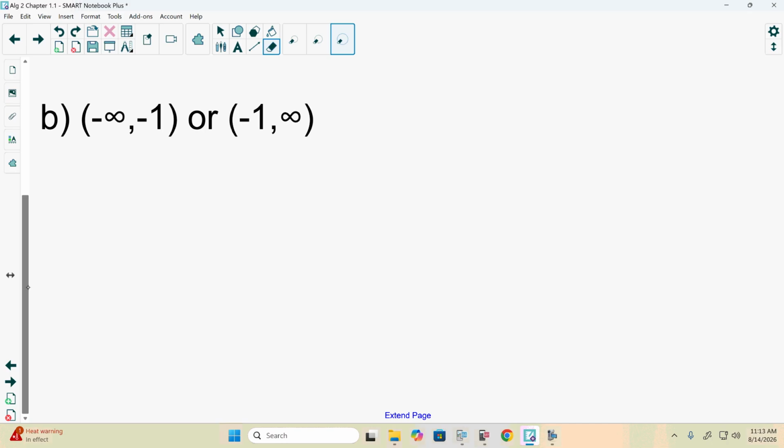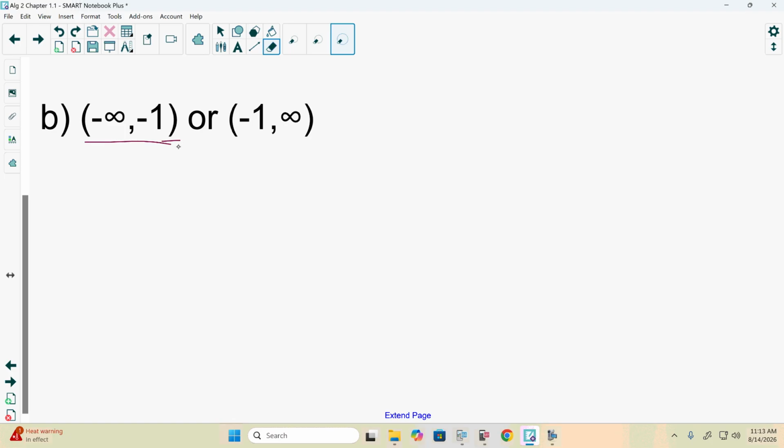Inequalities do have variables. Since they're unbounded, we're going to have x, one of our inequality symbols, then that number. Either greater than, less than, greater than or equal to, less than or equal to. And as we look at this here, I know the parentheses next to the -1 tells me it's not going to be equal to. So we're looking at just greater than or less than.